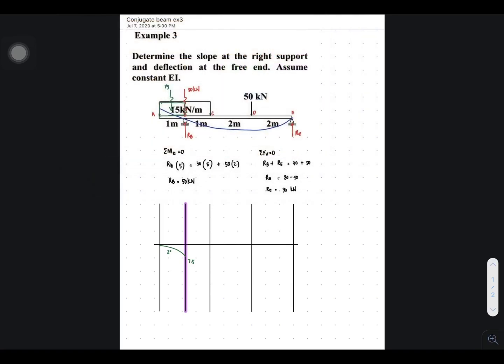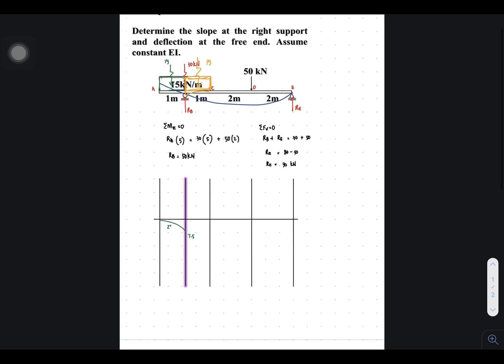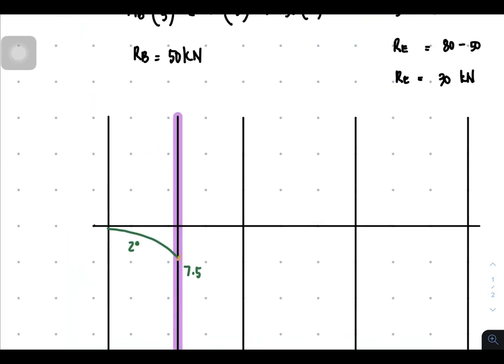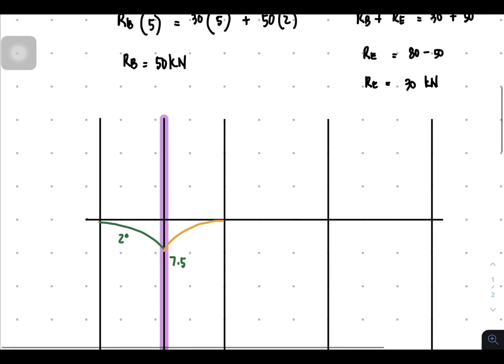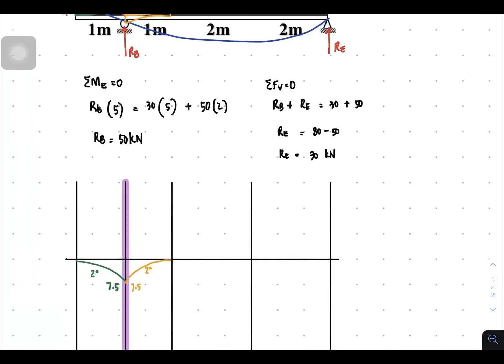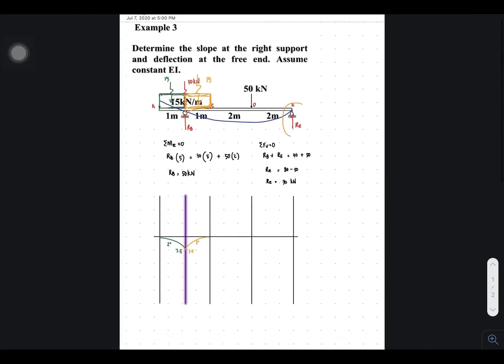Can you see the portion? You need this. So the resultant is 15 also. So it's the same illustration there. And the value here is, just transfer this. And then this is 7.5. This is second degree.